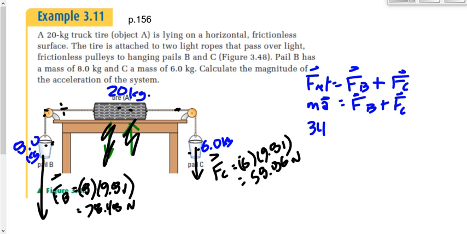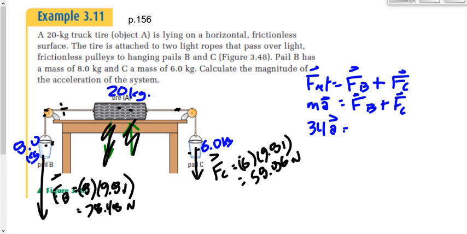Look, the whole thing is being accelerated, right? Like, if I want to find the acceleration of the ice cream truck, I got to include the mass of the truck and the ice cream inside, right? Even though those internal forces of the ice cream banging up against the wall don't matter, the mass of the ice cream matters. So I got to include that here.